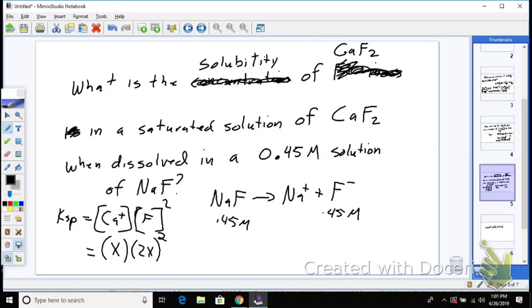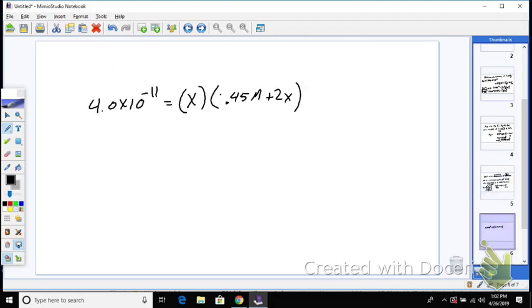What I mean is, if you would do it normally, you would solve for x, and that would be 2x, and that would be your concentration of fluoride ions, and it's going to be really, really tiny. So when I put 0.45 molarity plus 2x, I can get rid of the 2x. Does that make sense? Because the 2x is going to be really, really tiny. It's like adding 0.000005, something really small. So what can I make this now? I can make it x. That's a long explanation to make this an easy problem.